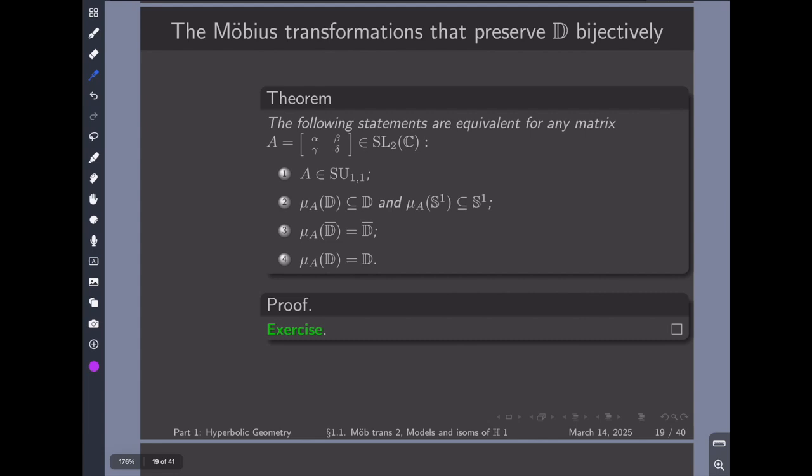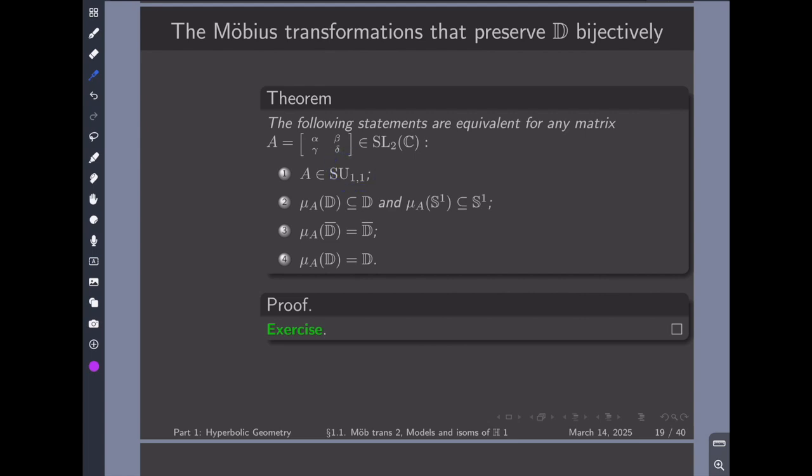Now, I want the same for D. I also want to be able to describe explicitly all the matrices that give me exactly the Möbius transformations that preserve D bijectively. I already gave you the answer.